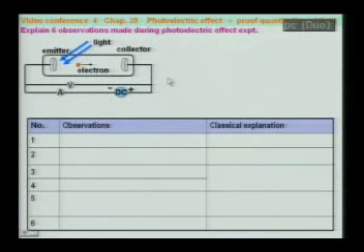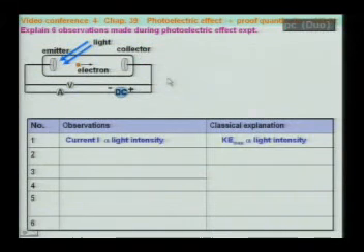Okay, so kita nak tengok observation. What has they observed? Pertama, they found that current is proportional to light intensity. And classical ni means scientists pre-Einstein can explain this property. Why current can vary directly proportional to light intensity, because dia memang ada equation that current can be related to light intensity.